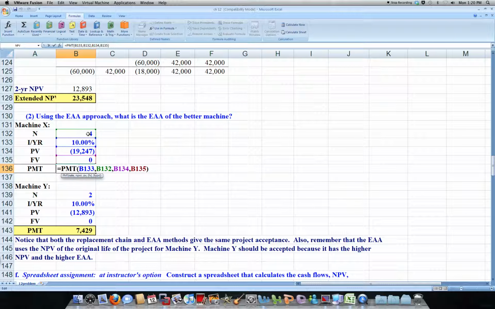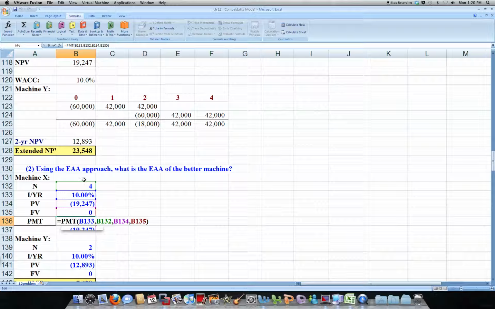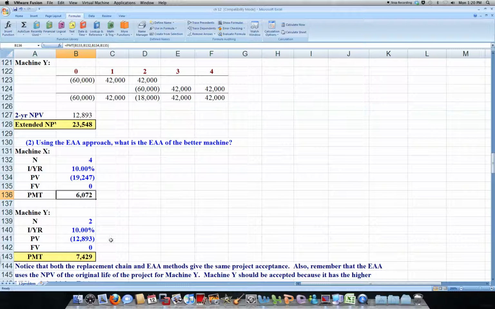N is 4 years, I/Y is our 10% cost of capital, present value would be our NPV, and so we have to put it in negative, and then our future value is 0, and we find our payment for the first one, and then do it again for machine Y. This time you just do it for 2 years, and you use this 2-year NPV, and you'll find which one is best.